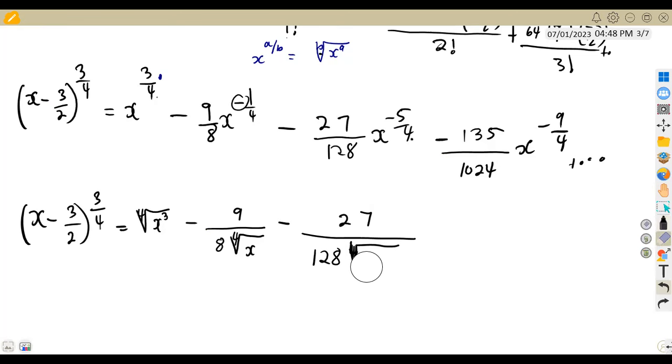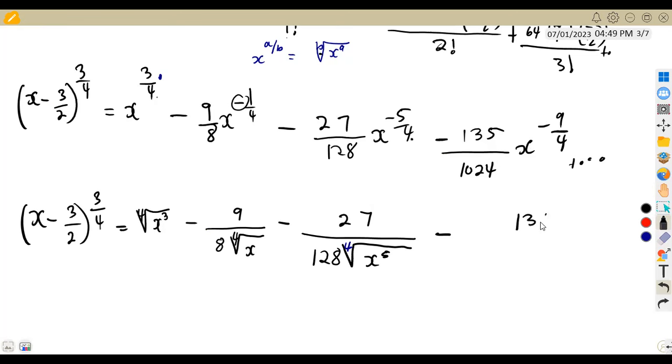All right, so let me rewrite this so that we can see properly here. So this is going to be the 4th root of x to the exponent of 5. All right, minus also this part. We drop the negative here to remove the negative. We write it down.